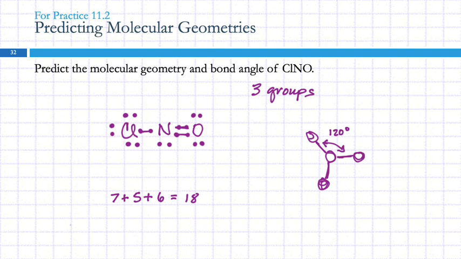The molecular geometry, I need to make one of these be a lone pair, right? So I'm going to make this the lone pair. Bit of a lopsided lone pair. What does it do to this angle?